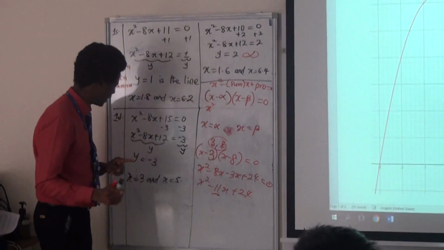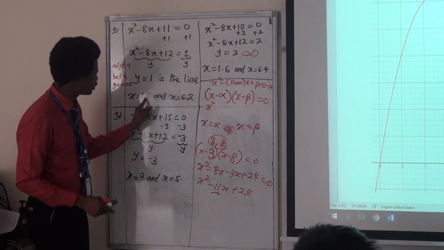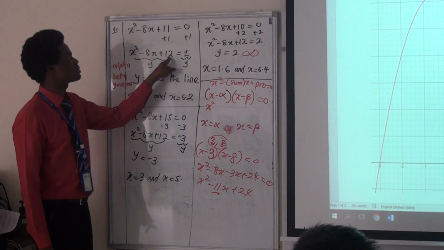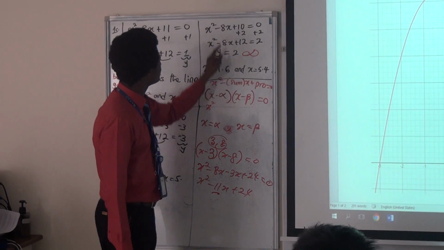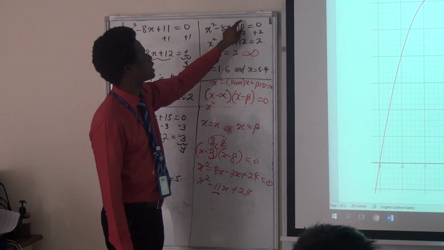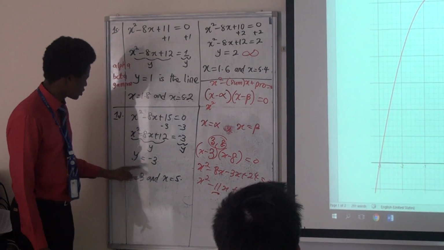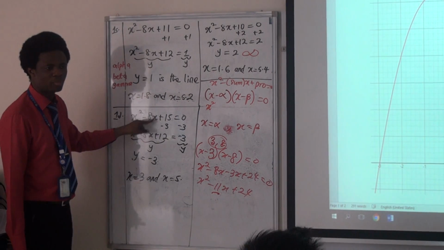So this is why that young man has been trying to imagine, what is the sum of this root? 8, because this is 8. And if you multiply it, you should get something close to 11. What is the sum of this root? 8. If you multiply these two, you get something close to 10. Check that. What is the sum of this root? This is trivia. Remember, minus sum plus product.